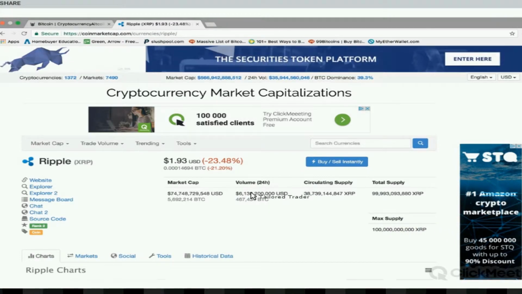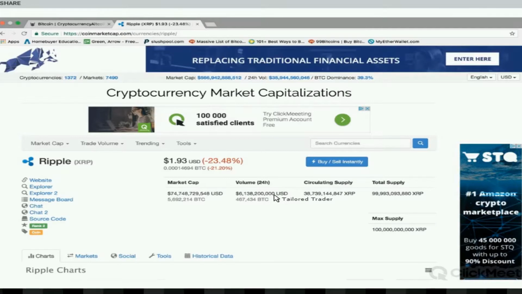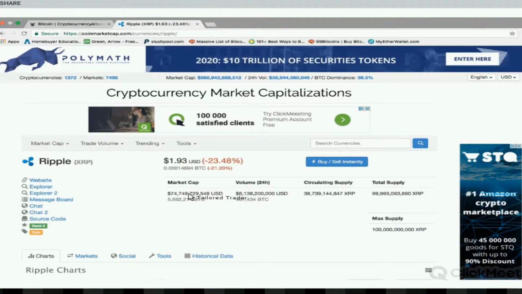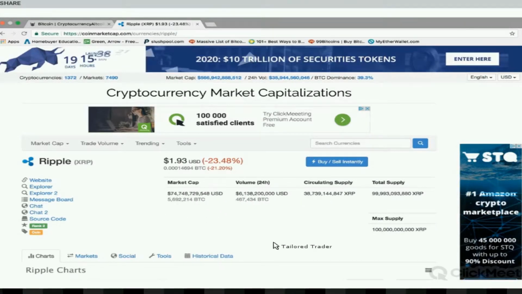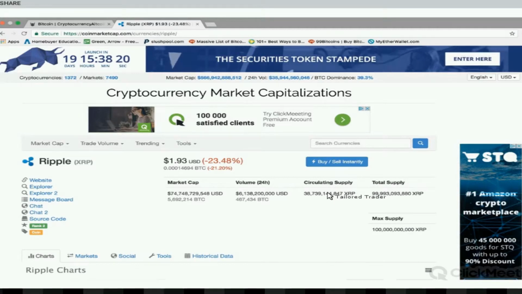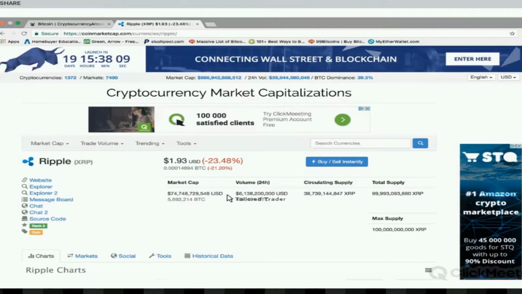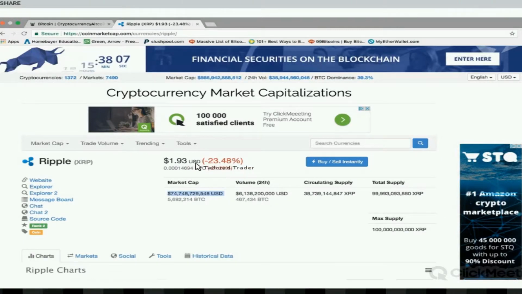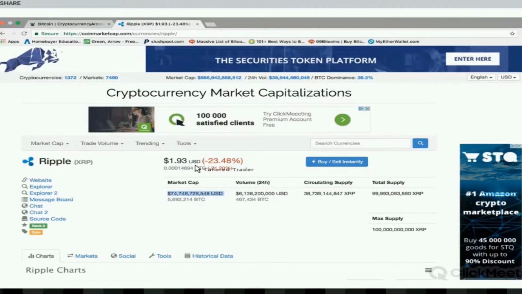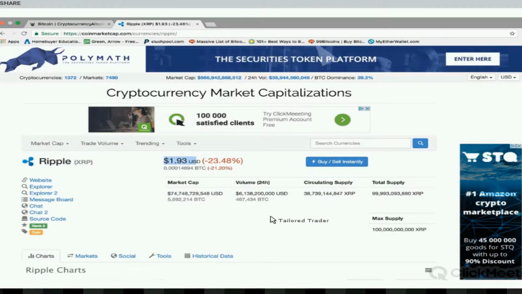Now the 24-hour volume gives you the 24-hour trading volume of each coin as well, and the market cap of each coin. The way you calculate the market cap is you multiply the circulating supply times the current price, and you get the market cap. Which is a very good thing to know because a lot of new traders don't pay attention to the market cap and just pay attention to the price. It's just not really the way to go. But that's something to keep in mind.